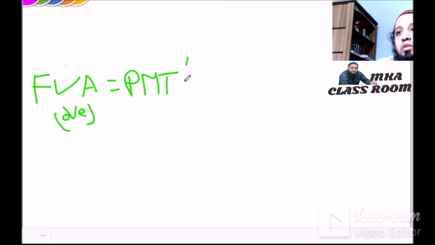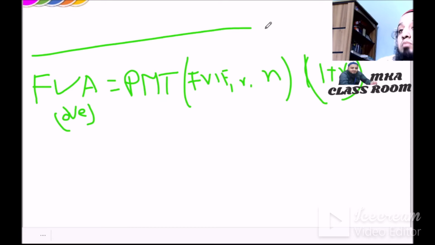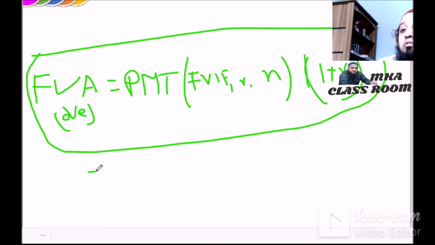So, you can write down the formula: future value of annuity due equal to PMT into FVIFA, R, N, into 1 plus R. So, that is the formula for future value of annuity due by the tabular method.